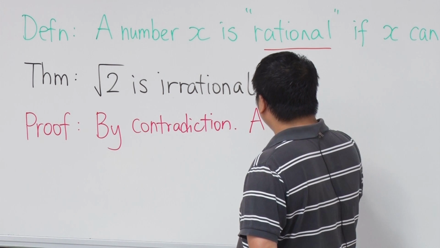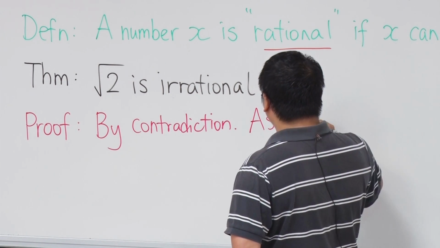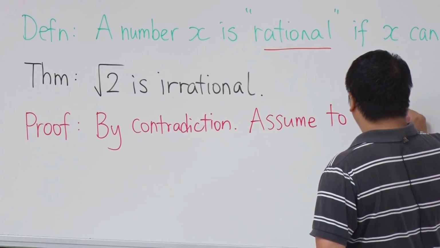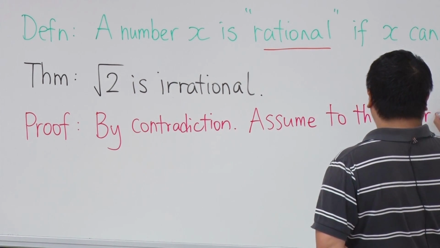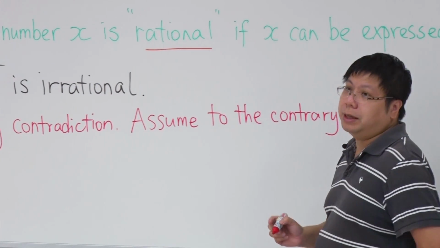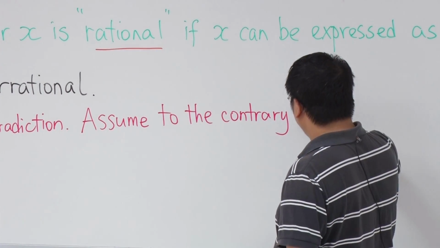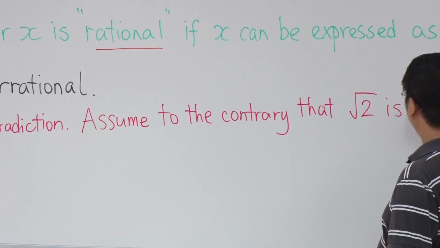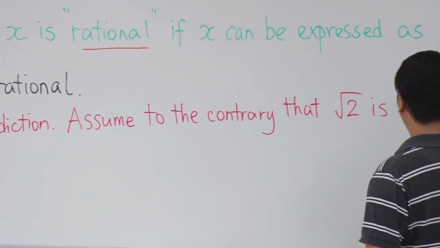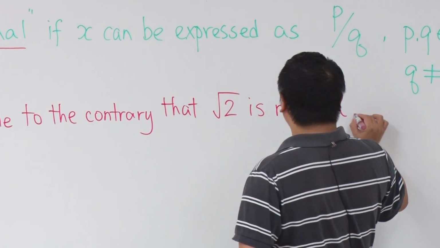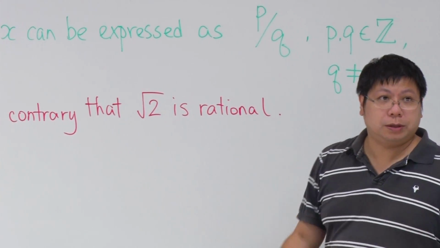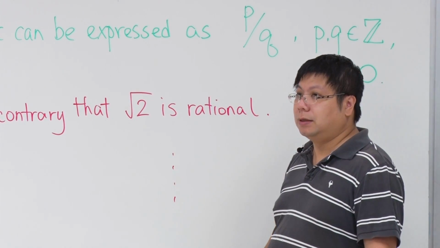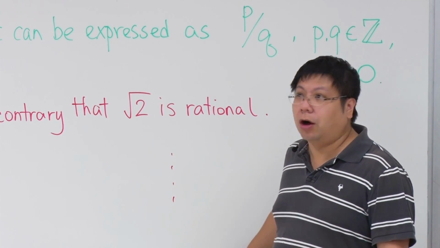So here, what do we assume? We assume, to the contrary of the theorem, that square root 2 is rational. Okay, so we are trying to assume not p at the beginning, and then hope that after some statements, we can get a conclusion that is always false.